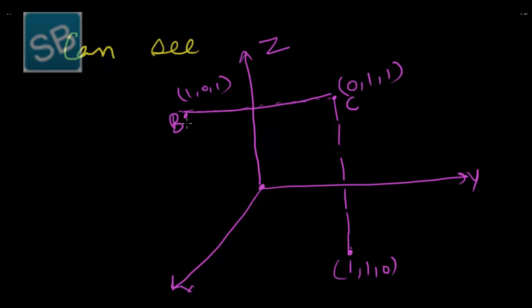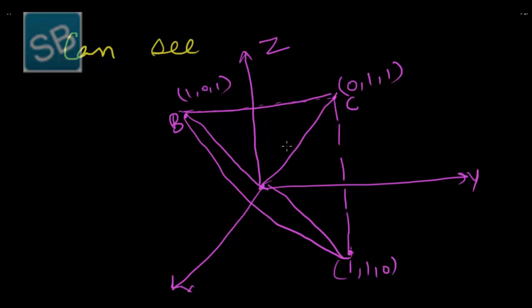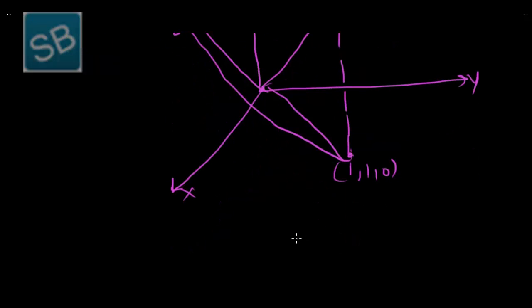So if we join these points, OA, OB, OC, it forms a tetrahedron. In three-dimensional geometry, it will look like this. O is here, in the upper part.